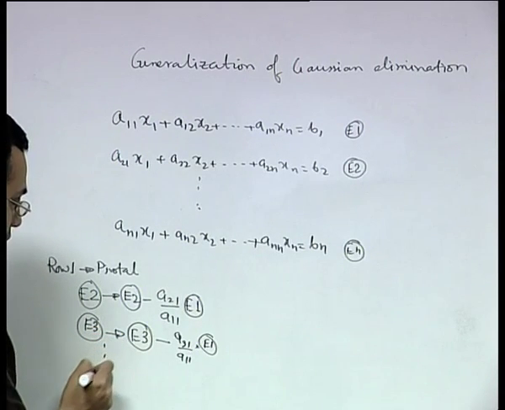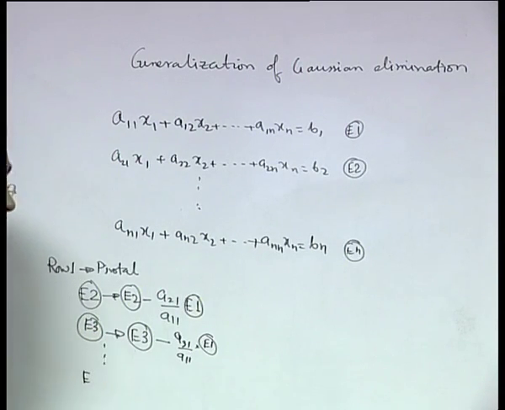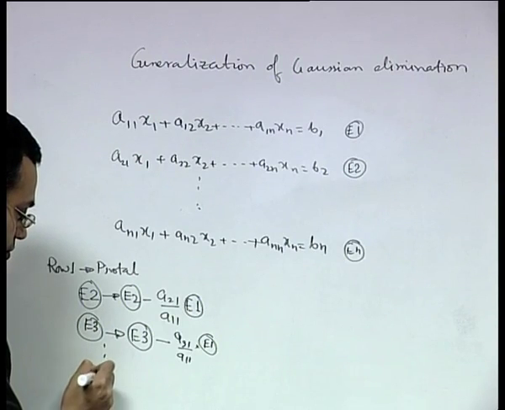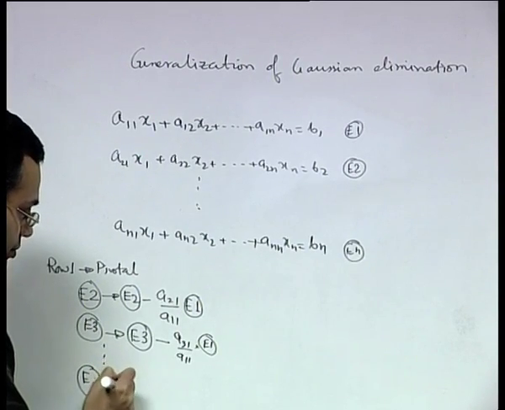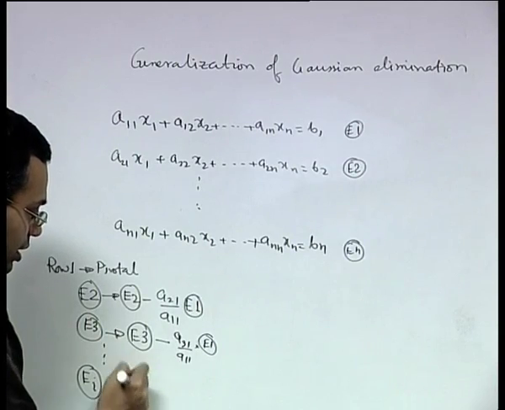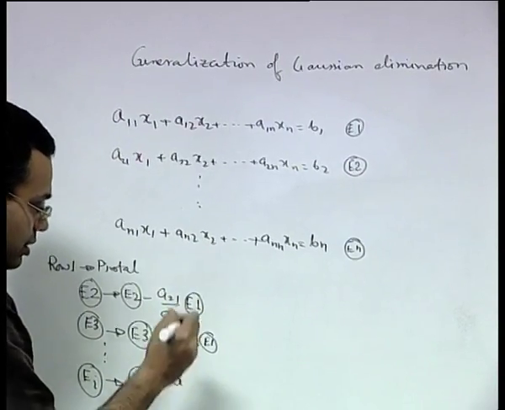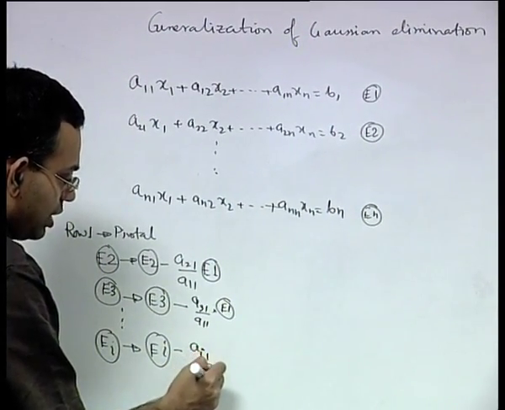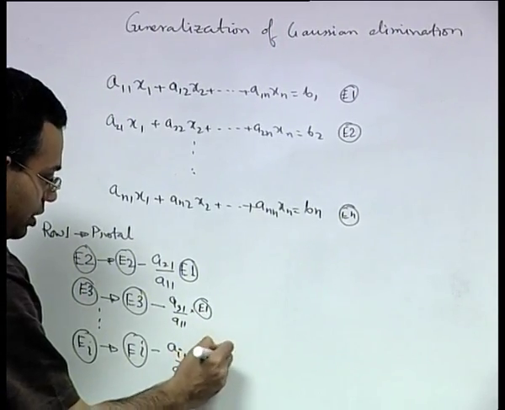So in this way, say Ej or Ei, whatever name you give, Ei will be Ei minus ai1 by a11 into E1.